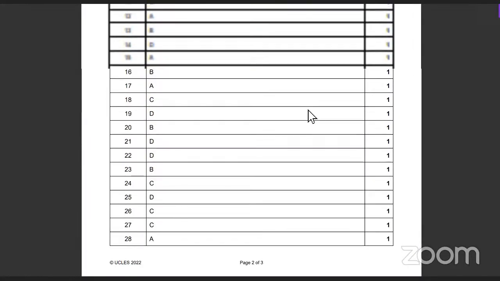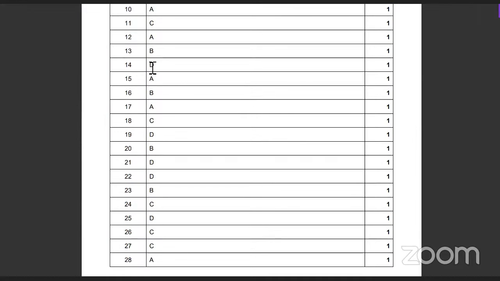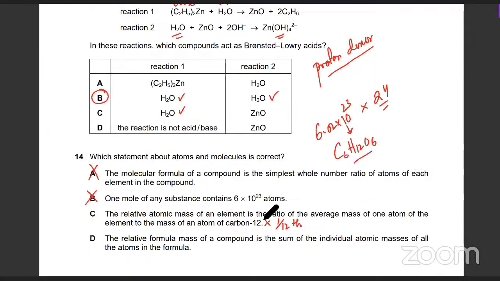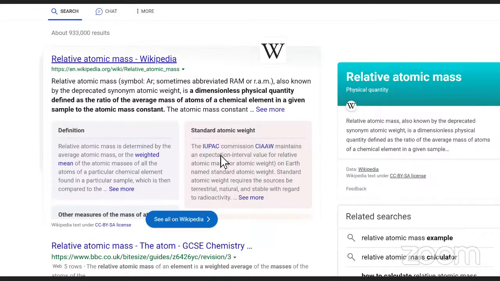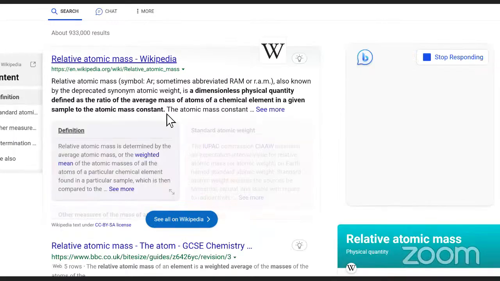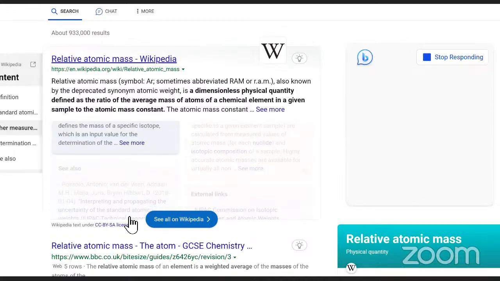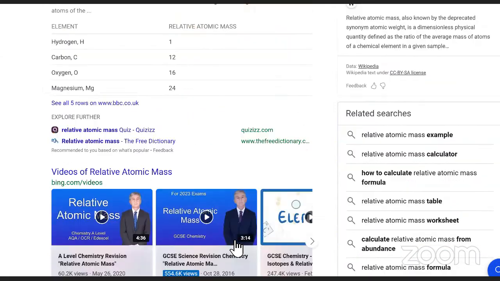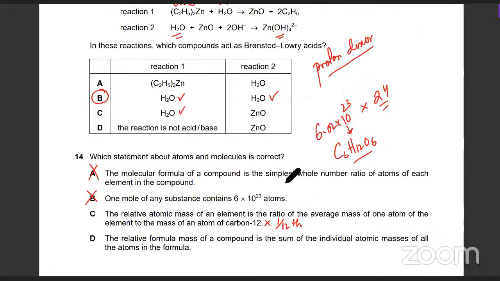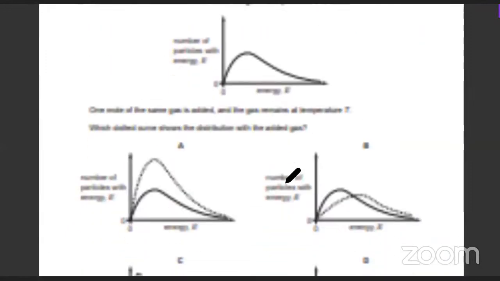Question 14 is D. They went with D. So I think the only issue over here is that it's 1/12. Where's the chemistry definition? I say it's 1/12 the mass of carbon-12. Anyways, forget this. The next one, Boltzmann distribution.